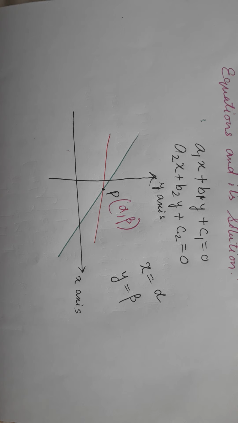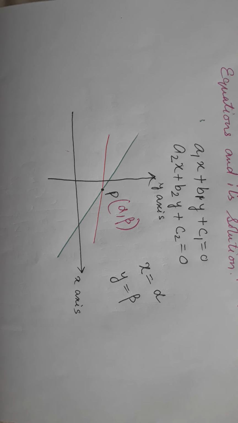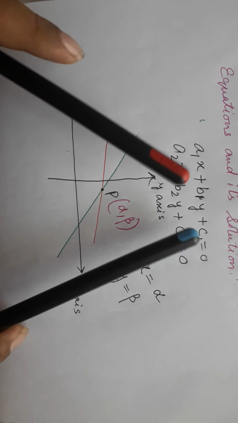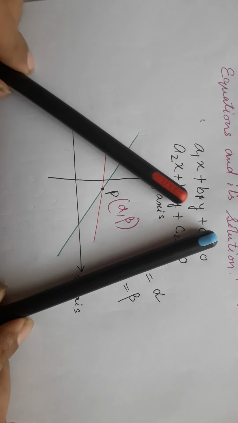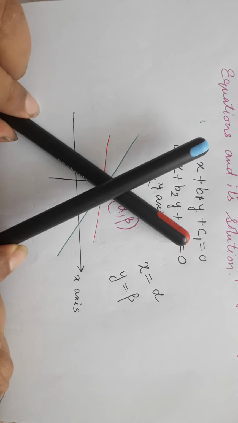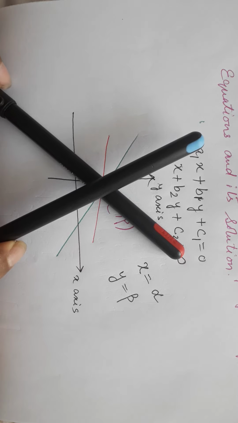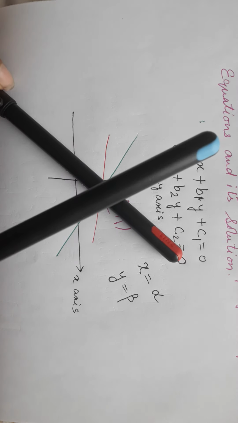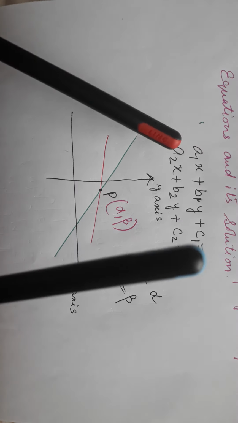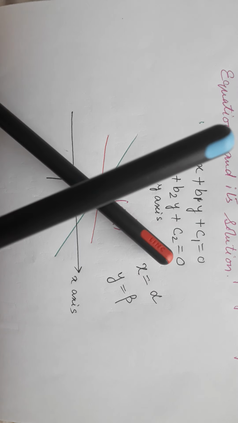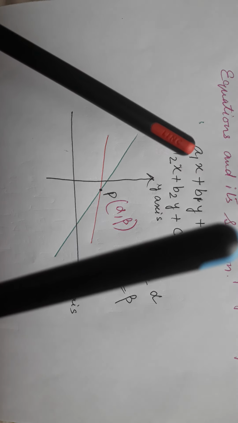Now in this regard, I want to tell you that if two linear equations are non-parallel, that doesn't mean that they will have a unique solution. They have to be on the same plane. Suppose there are two lines. If they are on the same plane and they are not parallel, then they must have a unique point of intersection. But if they are on different planes like this, they are not parallel, but still they don't have any point of intersection.